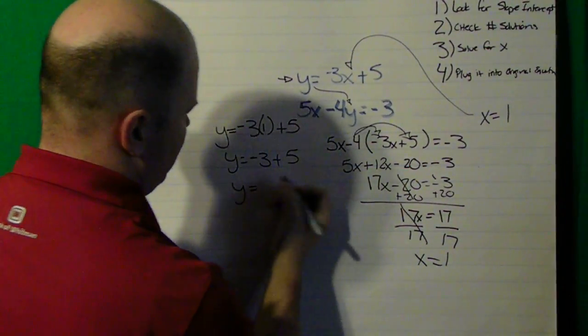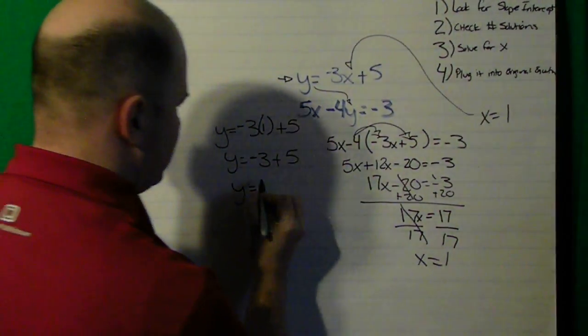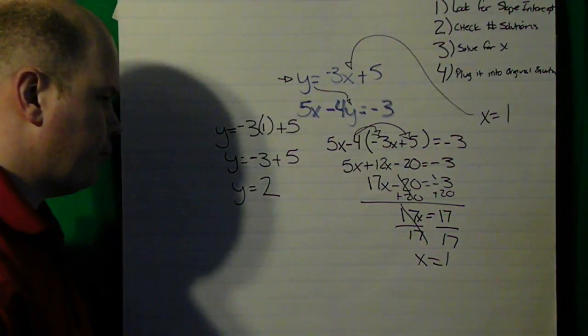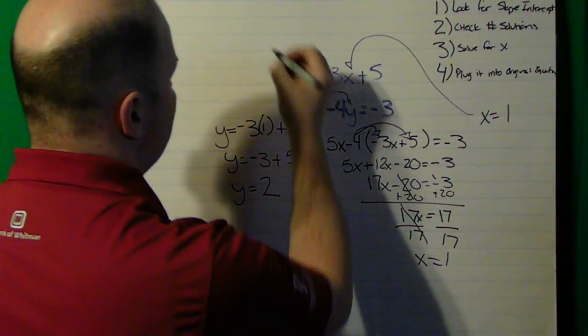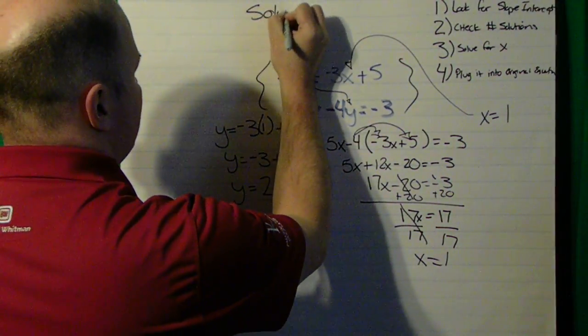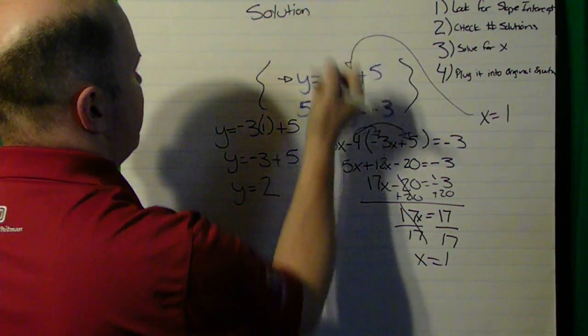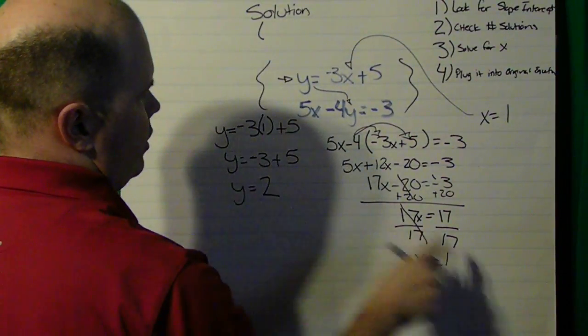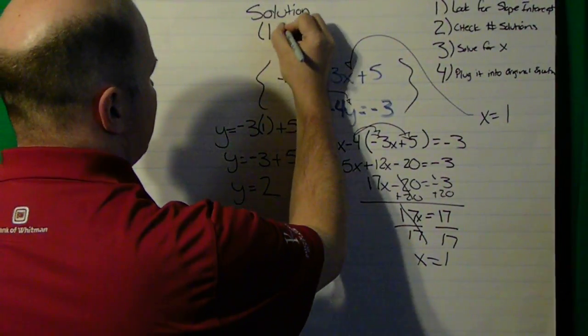So y is going to be equal to negative 3 plus 5, which is 2. So my solution to this system of equations, or where they share the exact same space and time, is at coordinate 1, 2.